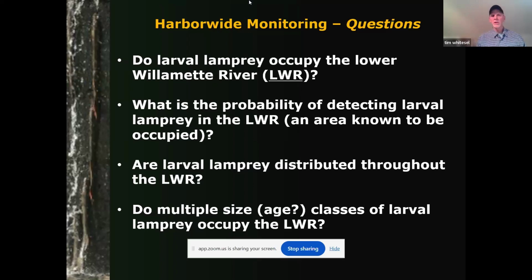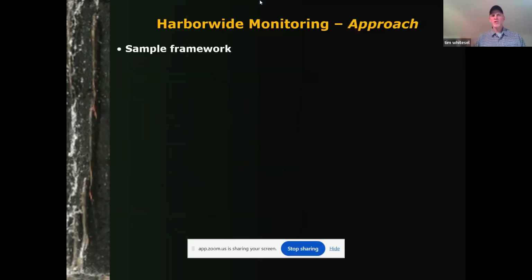Are they distributed throughout the lower Willamette River, or are they clustered in certain areas that we can differentiate? And do multiple size classes of larval lamprey occupy the lower Willamette River? We use size to infer age, although that's not a perfect relationship. Or is it just one group that's going through one age class? So those are the four questions that we've tried to focus on.